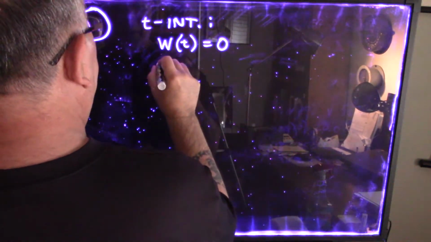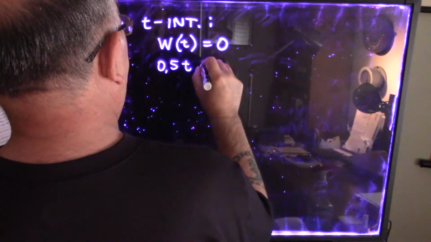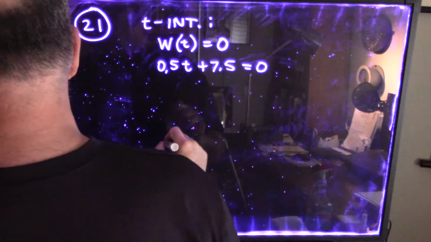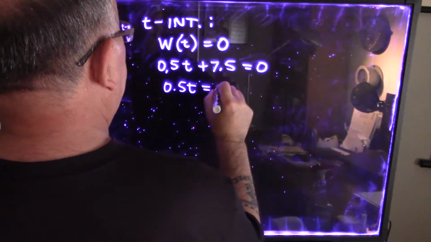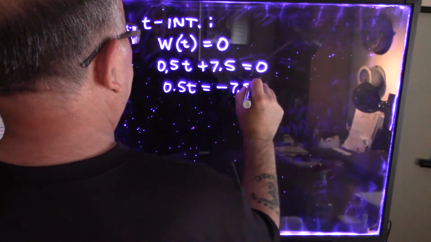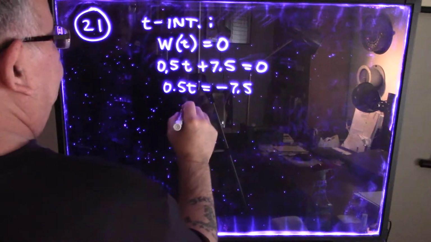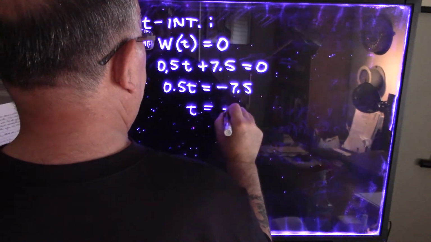So 0.5 t plus 7.5 equals 0, and then 0.5 t equals negative 7.5. Subtract 7.5 from both sides, divide both sides by 0.5, and you get t equals negative 15.